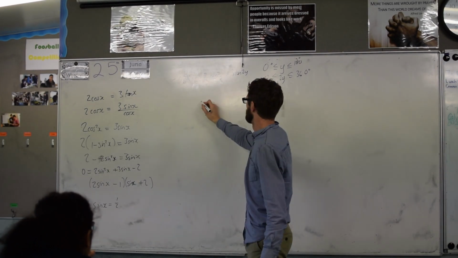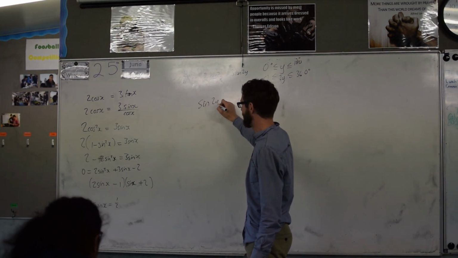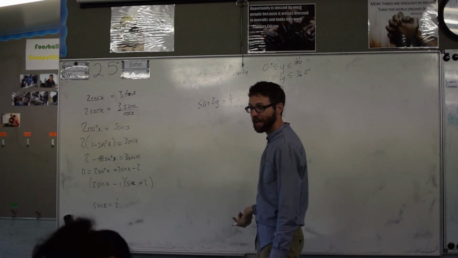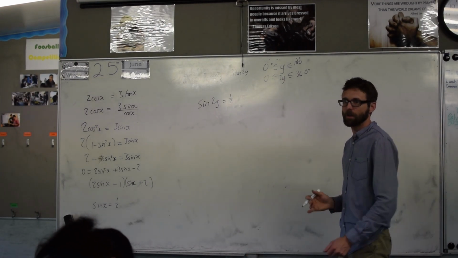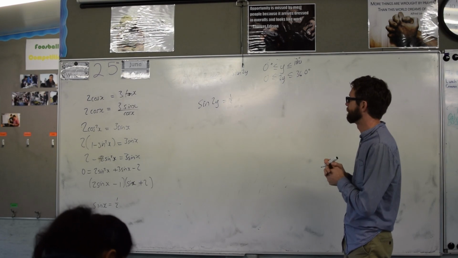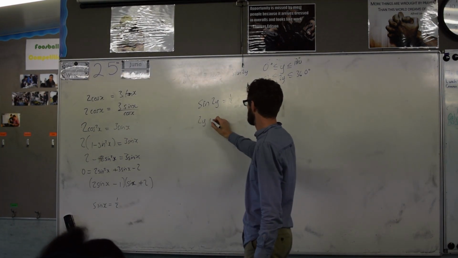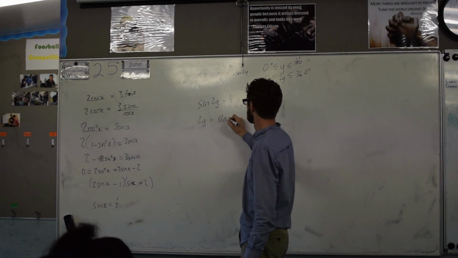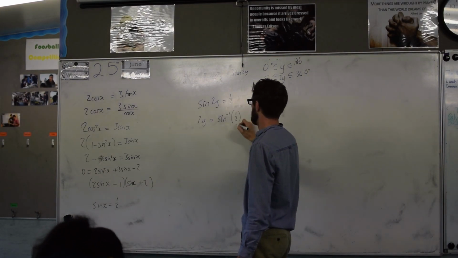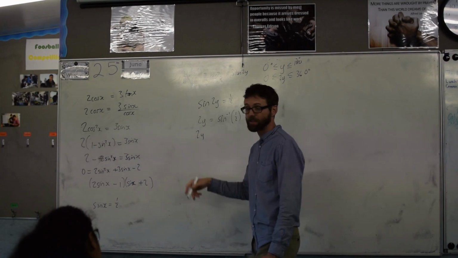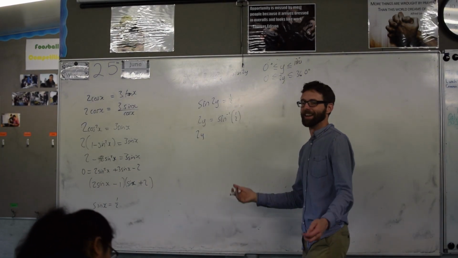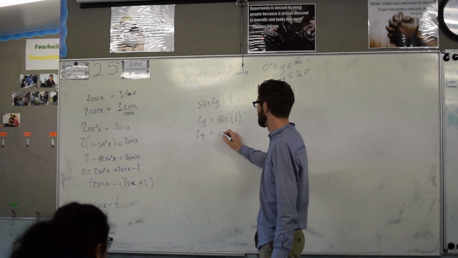So we can just simply go sine 2y equals 1/2. Are you okay with that? That's why you can often use what you've done in the first part. And we're familiar with this because we did it in the previous question. And we've sine of 1/2, and of course we've memorised this, haven't we?